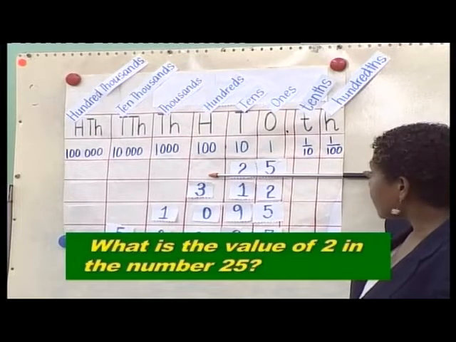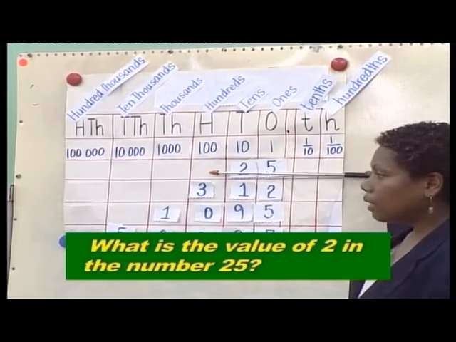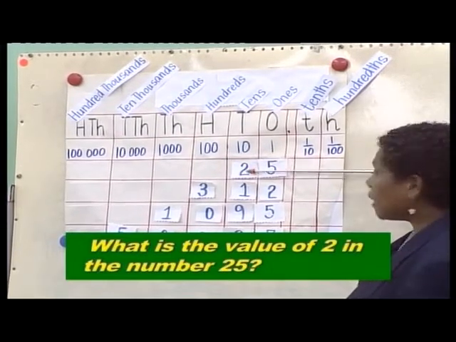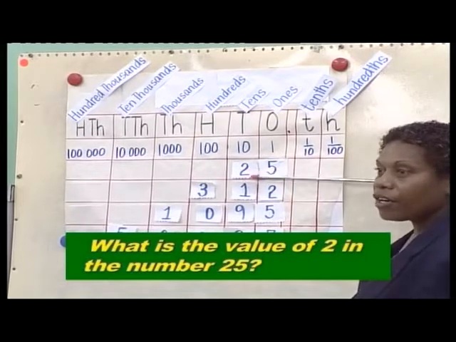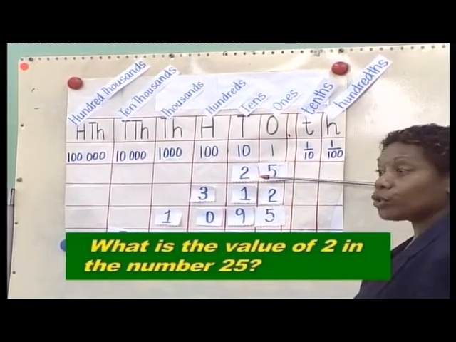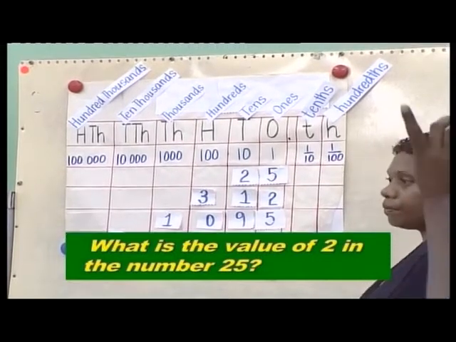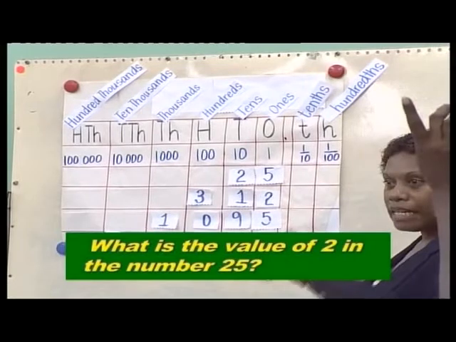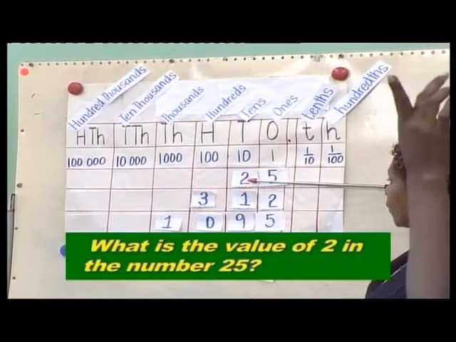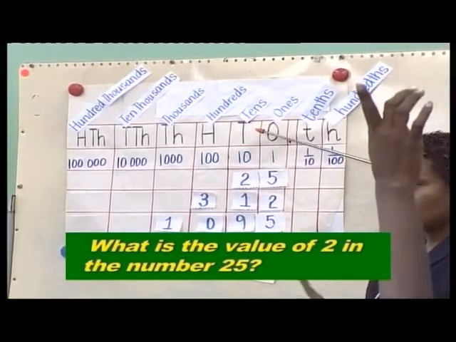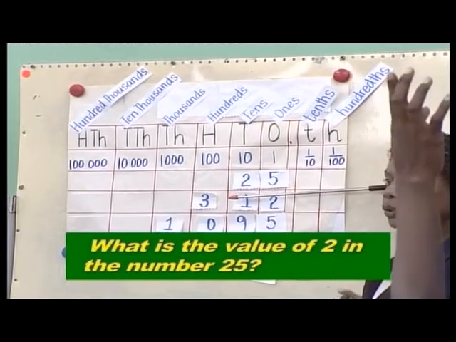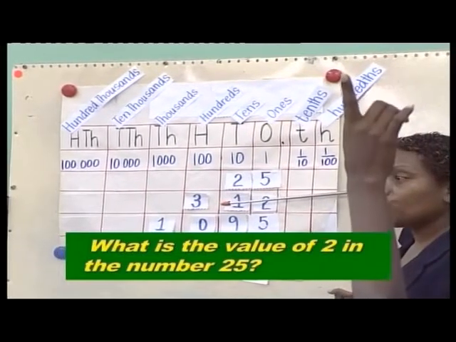Here, in this number 25, what is the value of 2? You said place value of 2, place value will be 10, but the value, what will be the value of 2?